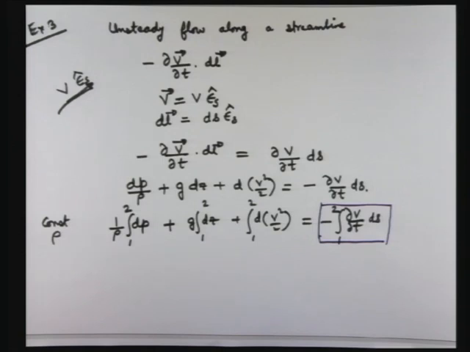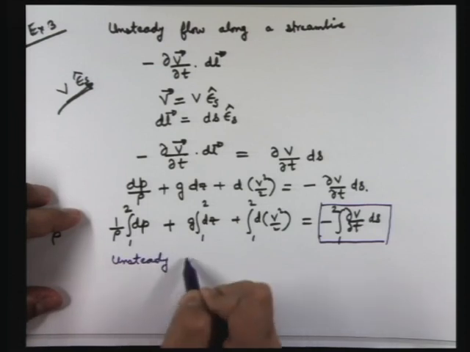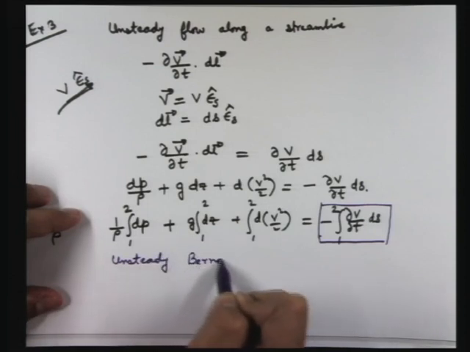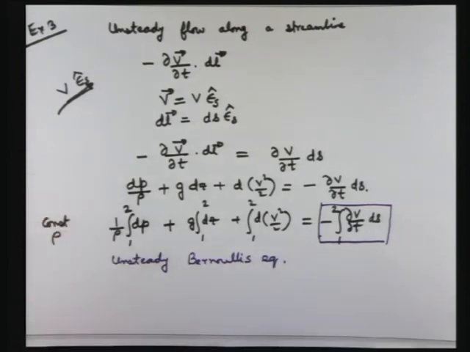This is known as unsteady Bernoulli's equation.